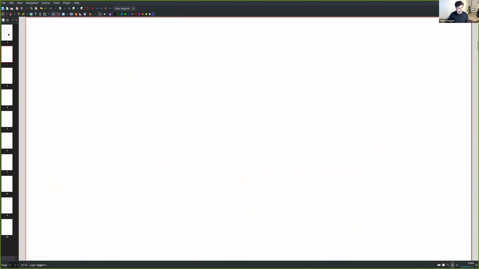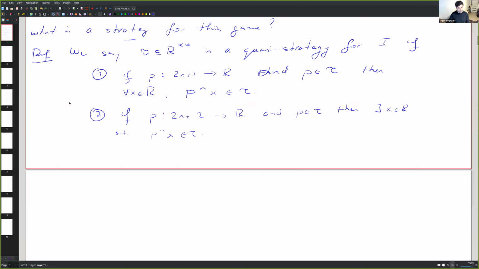So the remark here is that we can think of pi composed with tau as a strategy for one, basically, right?